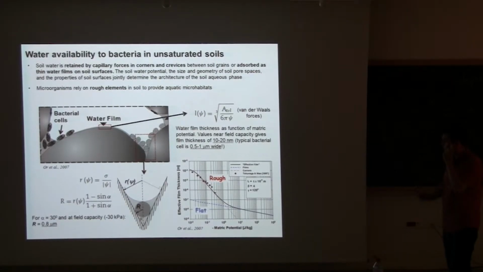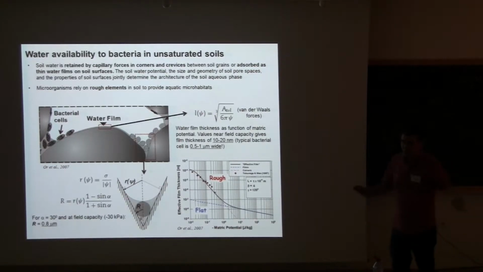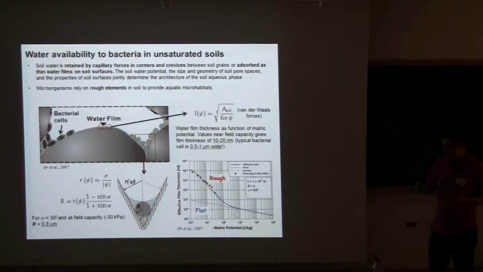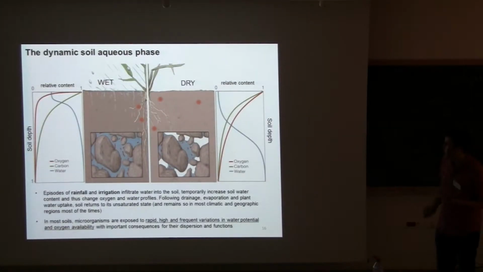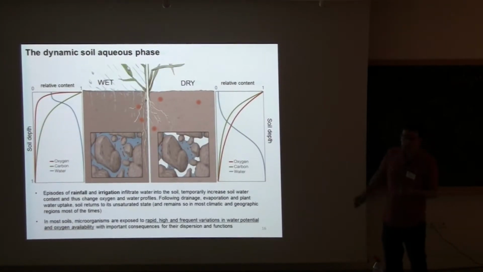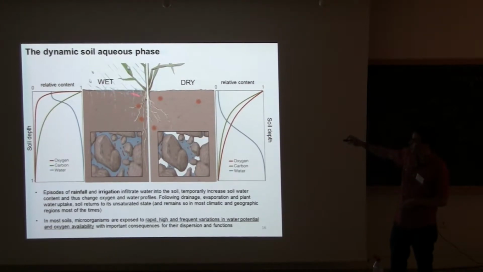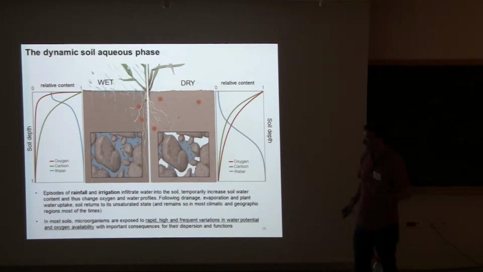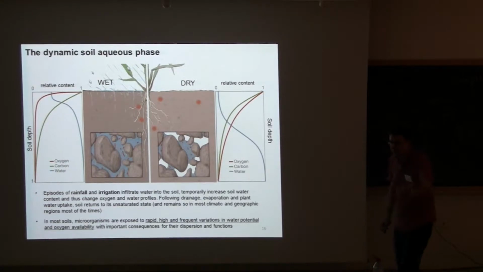So this is at the very small scale, but you can also consider the problem of water at a larger scale, such as the soil profile scale, where in this little cartoon we represented a soil profile with decreasing concentration of oxygen and carbon as you move down. Just imagine that some of the time in soil you're going to have wet events, rainfall or irrigation.